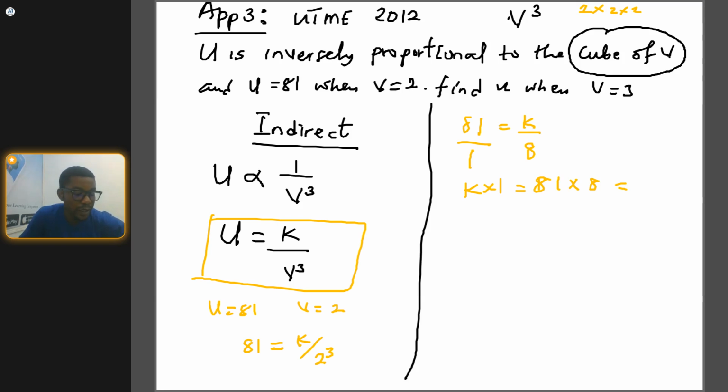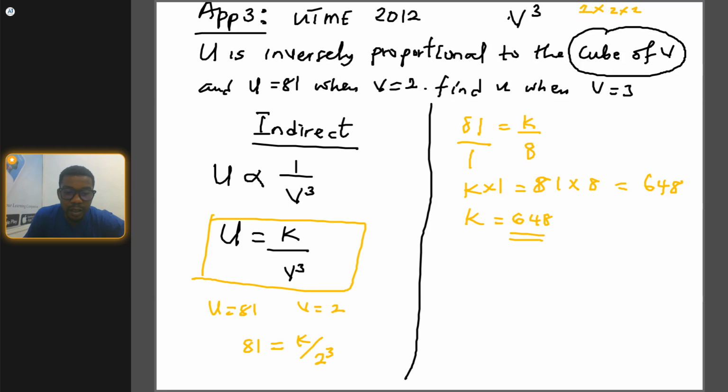And if I multiply that, I'm going to get 648. 648 will be the answer, which means k is equal to 648. If that's clear to us, please signify. Do you know the way we get this? Our k is 648. Okay, thank you, Enoch.